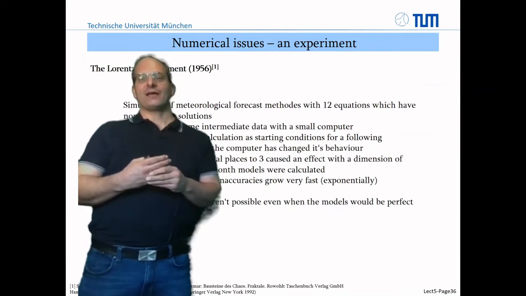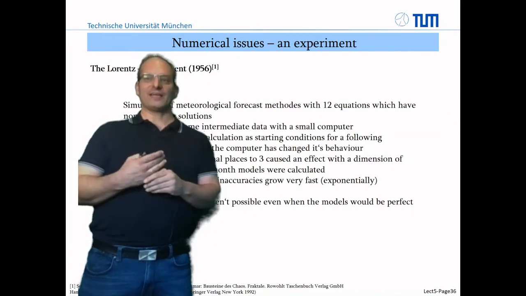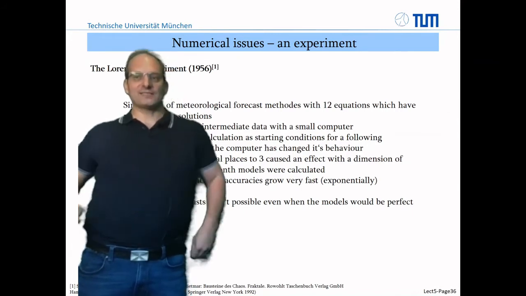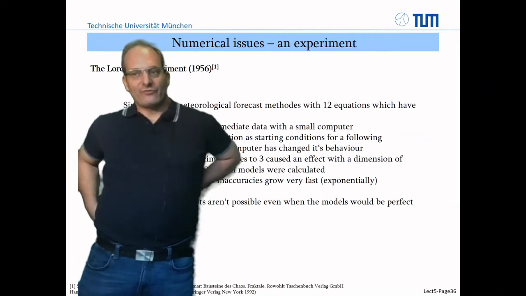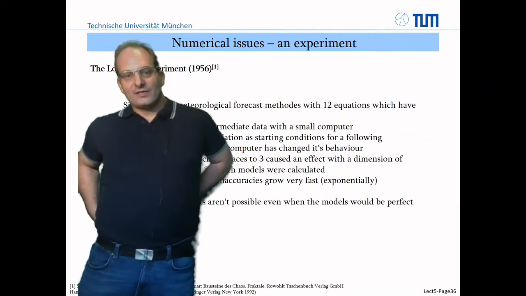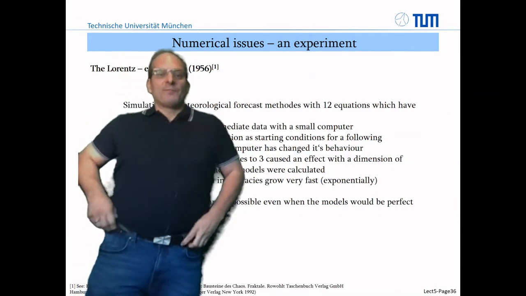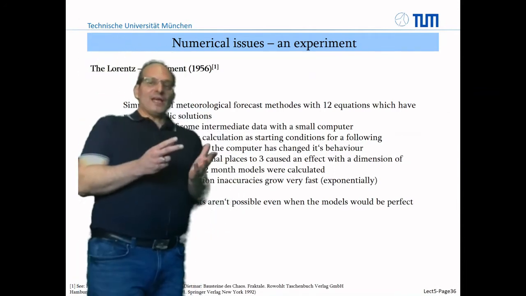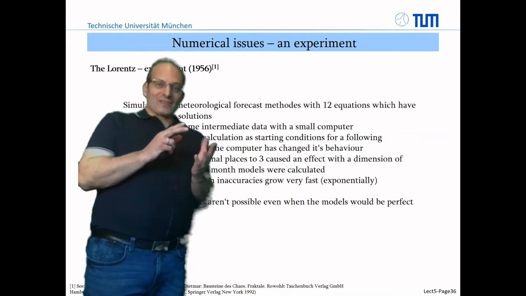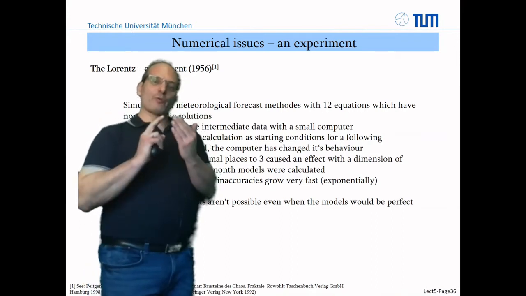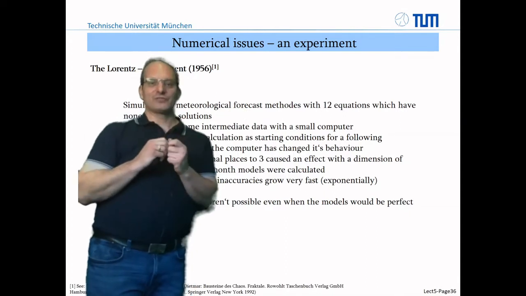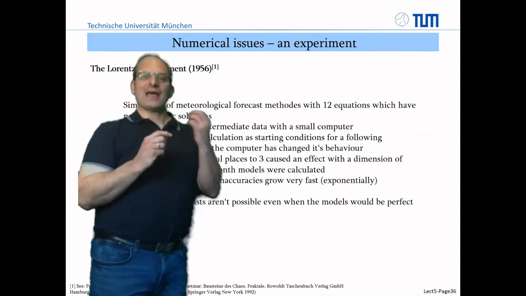At the time of this experiment, 1956, calculators had the possibility of 6 or 3 places after the floating point, and therefore they reached a situation where the error propagated to a position, and something interesting happened quite early.